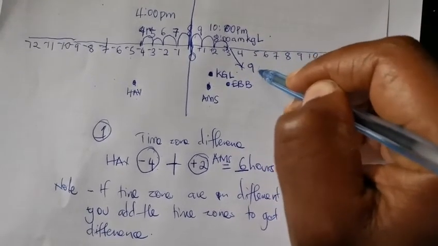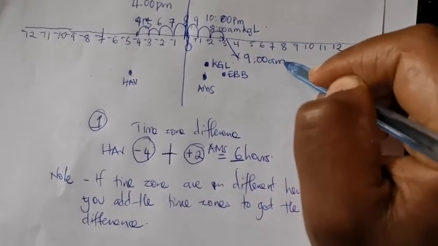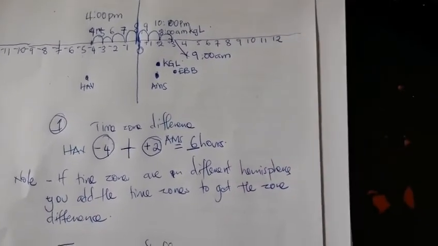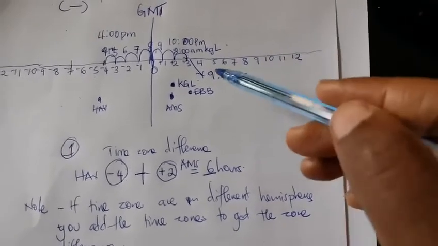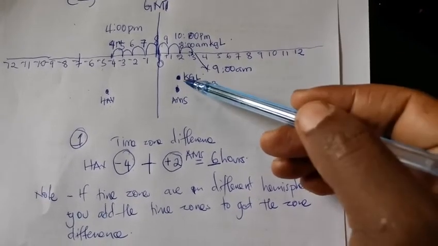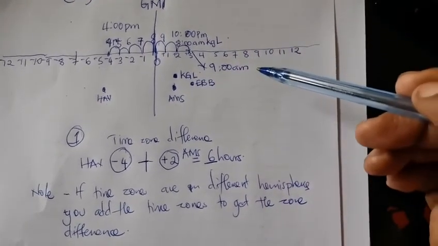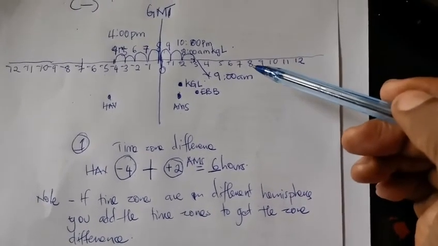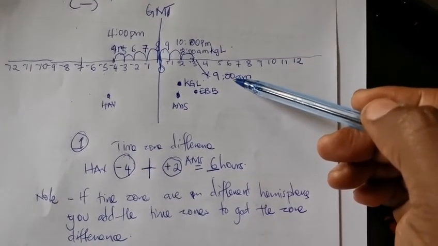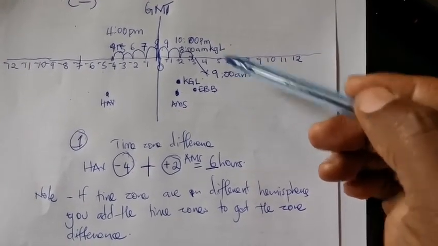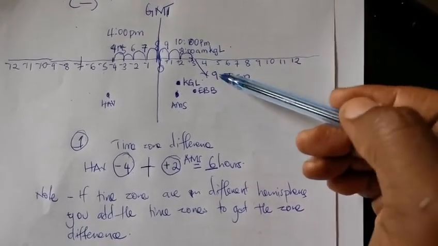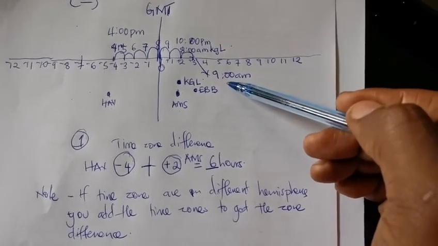We get 9 a.m. We moved forward because EBB is ahead of KGL by 1 hour. So the question is, what time is it at EBB when it's 8 a.m. at KGL? The answer is 9 a.m.